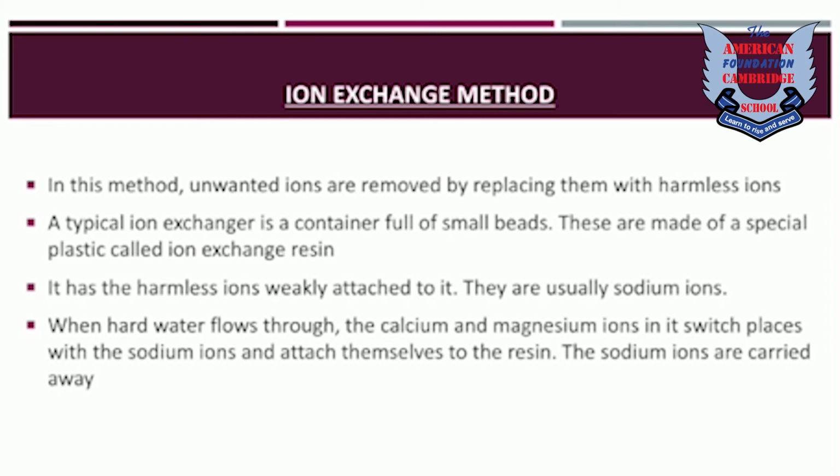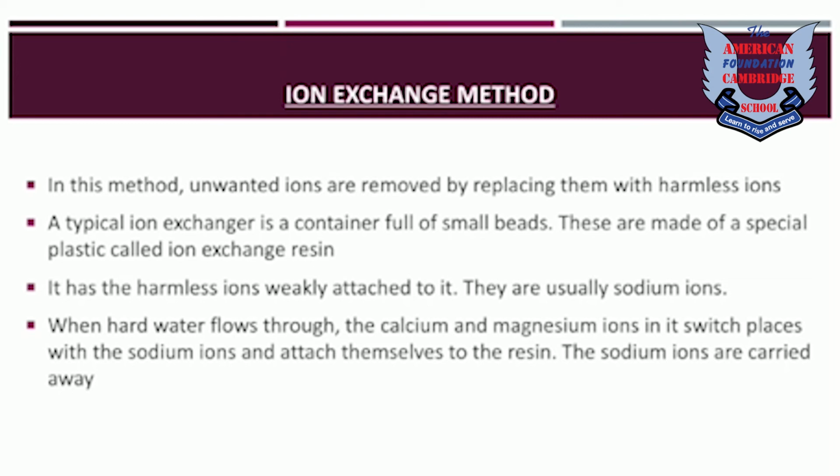It is taken in the center of the process, and those beads will be containing sodium ions weakly attached to them, and from this whole setup we will make the hard water flow through it, and in this way the hard water will be having calcium and magnesium ions, and as this process is called the ion exchange process or method, ions will be exchanged between the ion exchange resin and the hard water. So what will happen?